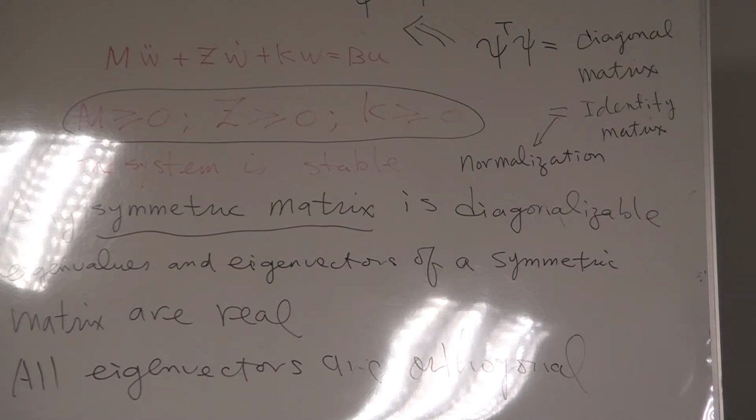For any symmetric matrix you can find a transformation matrix like that, which not only diagonalizes the matrix but is also orthogonal, and you can normalize it so that psi inverse equals psi transpose. That is the typical property of the positive definite matrix.